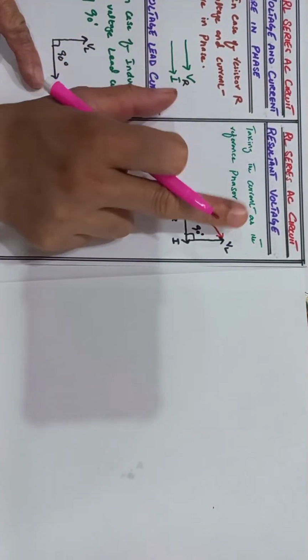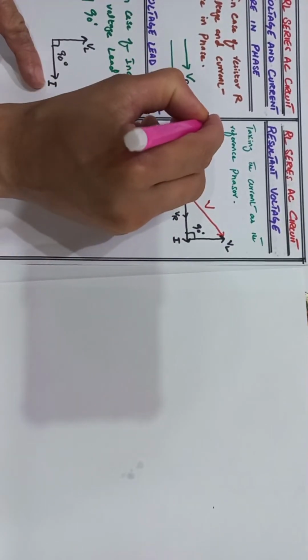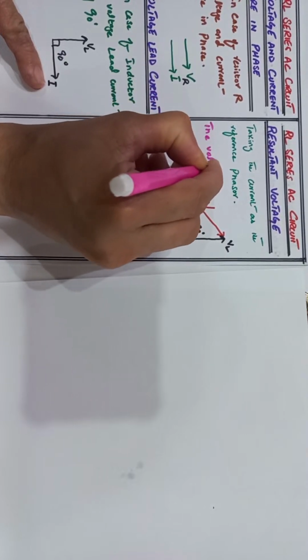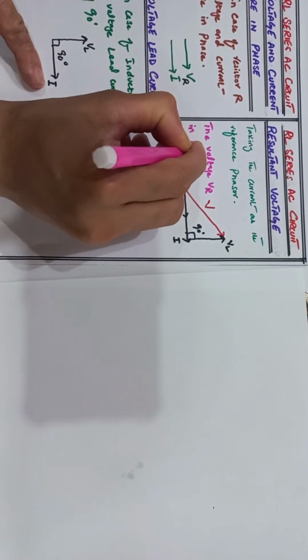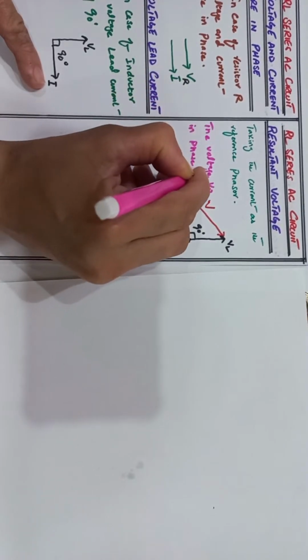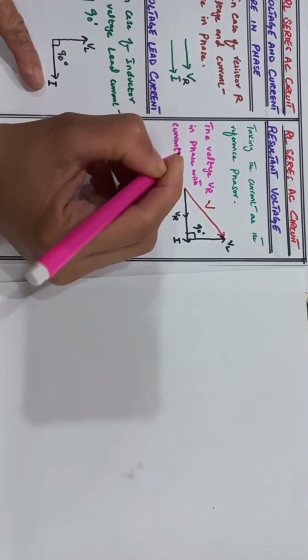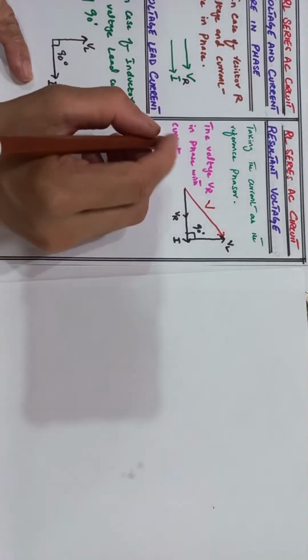Taking the current as the reference phasor, the voltage VR is in phase with the current.